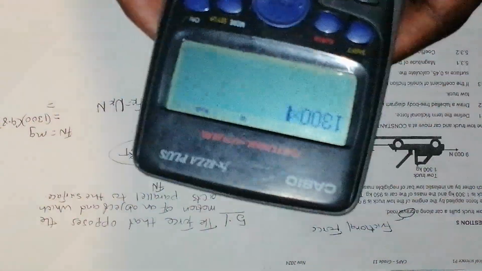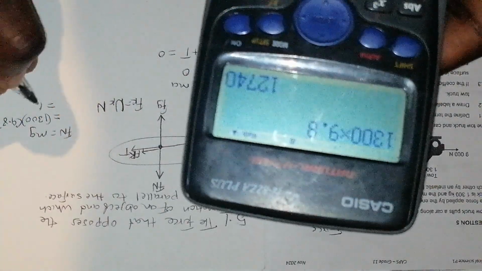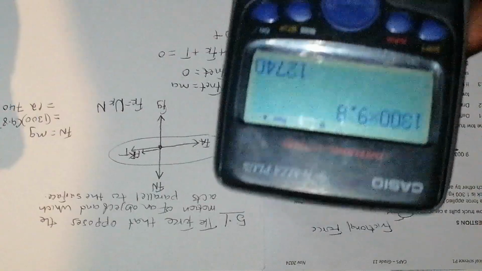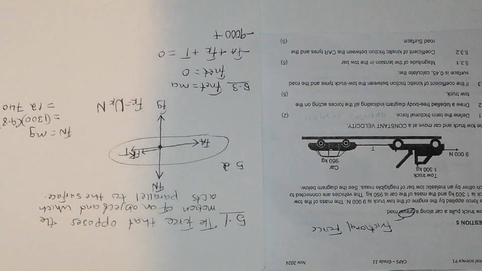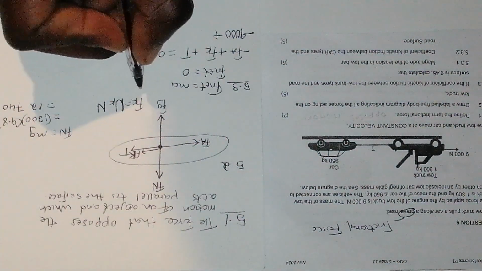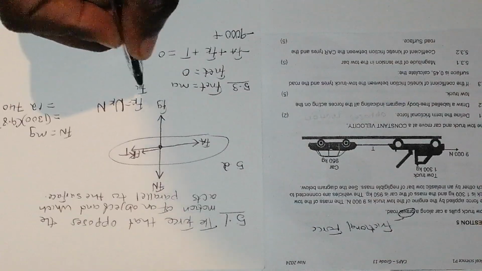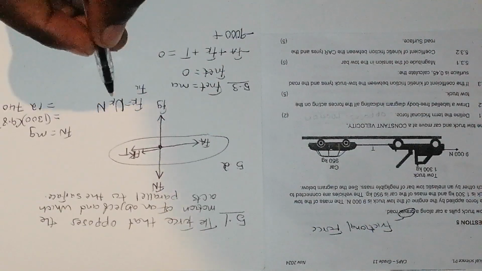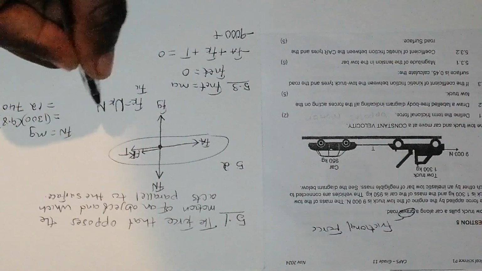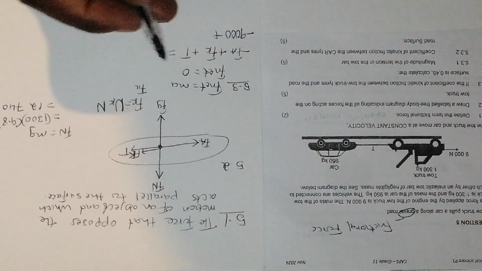1,300 multiplied by 9.8, we're getting 12,740 Newton. That's the value of the normal force. Therefore, now we can calculate the value of Fk, where there's Fk, we can substitute mu k n, or you can just substitute the value of mu k and the value of n, then you get the value of Fk.